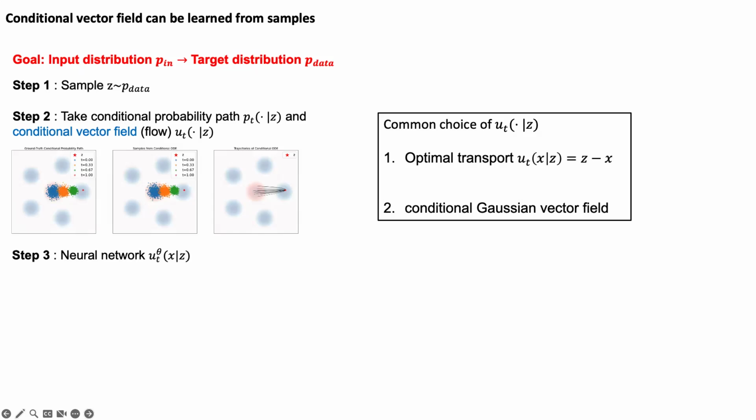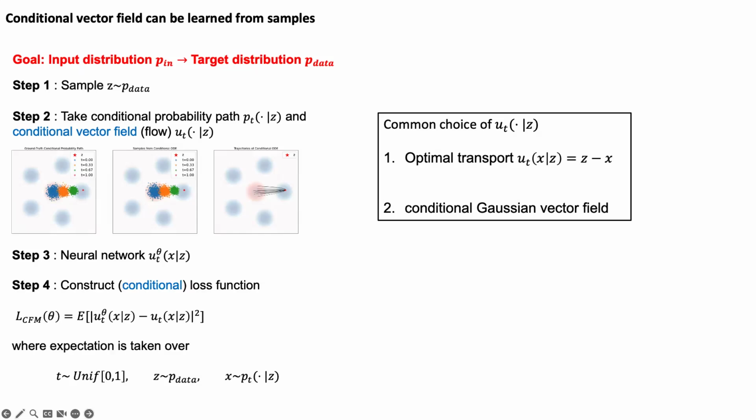Now, using these samples, you can construct a neural network parameterized by this setup. Then we can construct what is called a conditional loss function like this. Since we set our conditional vector field here in step 2, now we have a target.